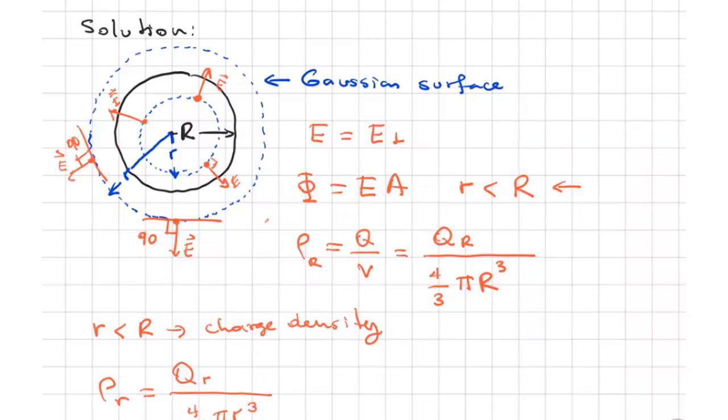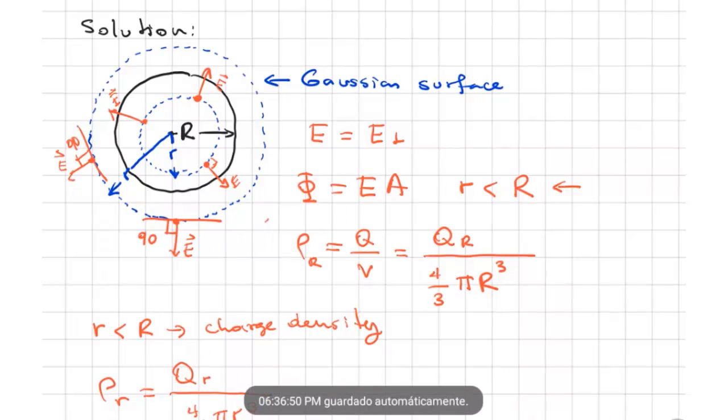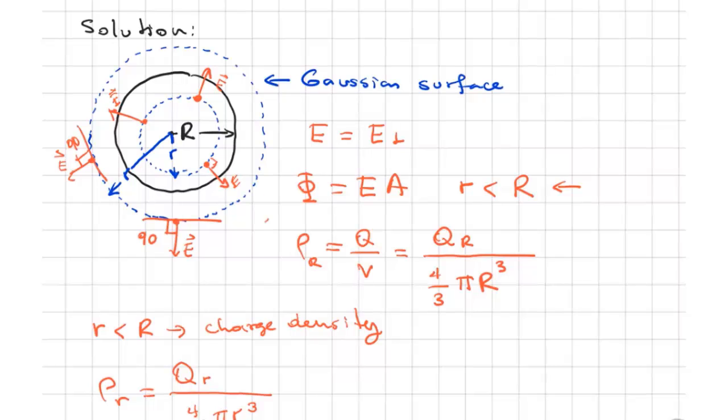Okay, that's the charge density for the Gaussian sphere inside the sphere when the radius is smaller than the radius of the sphere. So I'm gonna call this equation number 1 and this equation number 2.